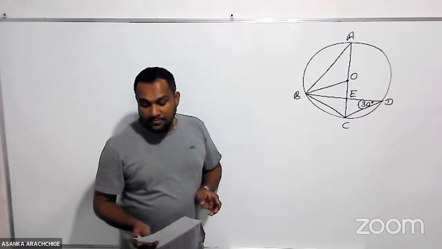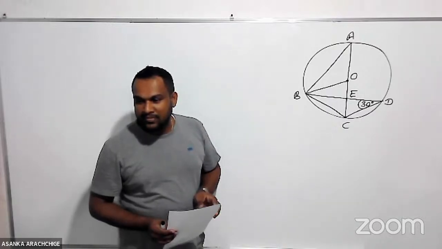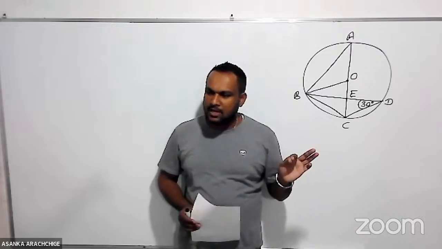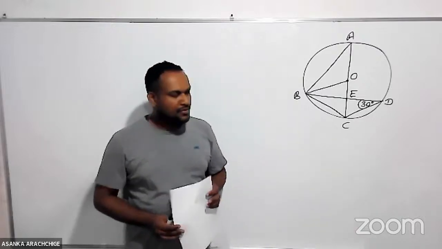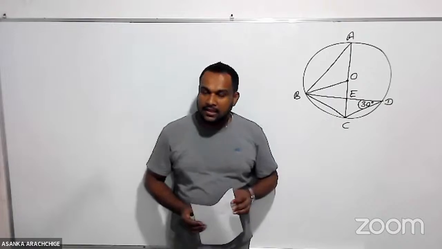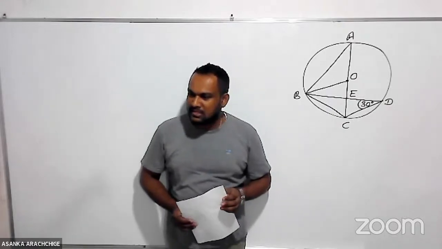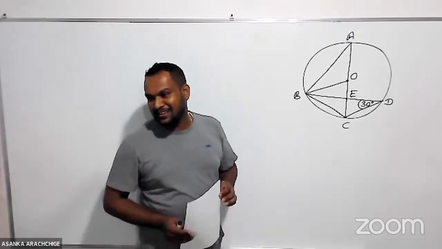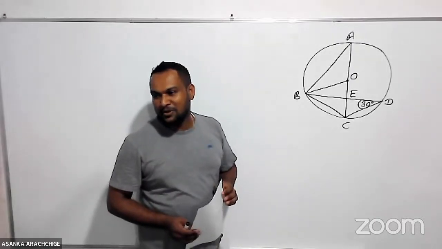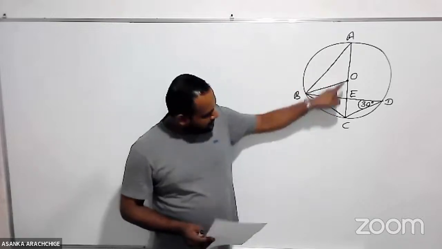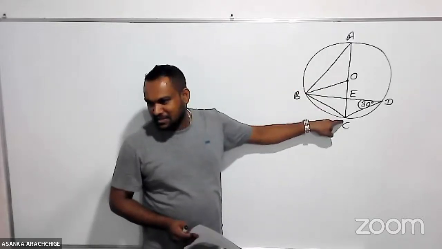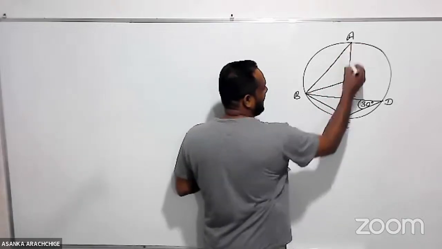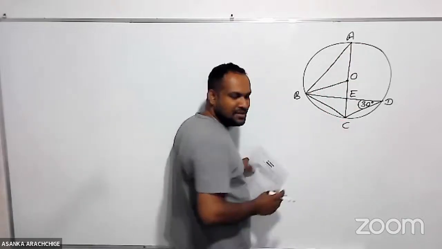Now go back to the first question we discussed. In the first question also, there was a similar question. Which was the right angle there, and what was the reason? Can you see a semicircle here? What is AC? A diameter, right? So A and C are the endpoints of the diameter.